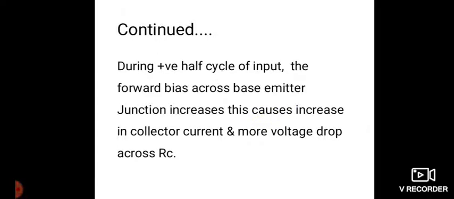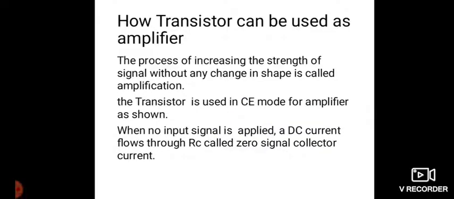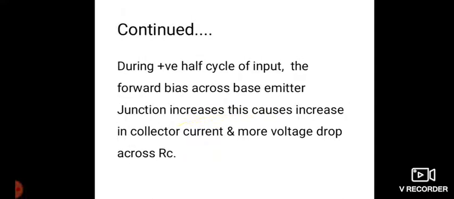The process of increasing the strength of a signal without any change in the shape is called amplification. The transistor is used in CE mode for the amplifier as shown in the figure. When no input signal is applied, a DC current flows through RC, called the zero signal collector current.